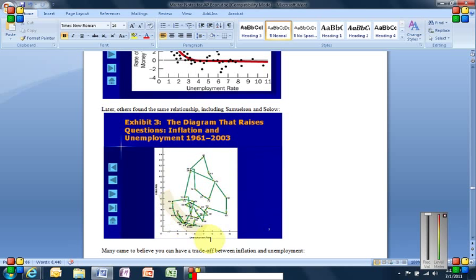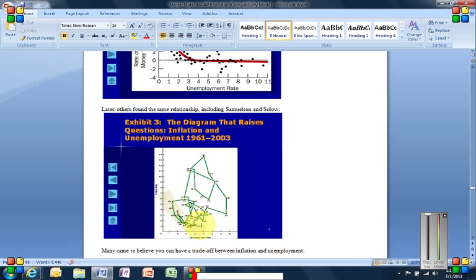You might want to take this visual and blow it up in your notes so you can see it more clearly. But particularly around the time of the 1960s, they found the same kind of relationship between the inflation rate and the unemployment rate. As the inflation rate got higher year by year, the unemployment rate came down, and if the unemployment rate was higher, then at least prices were lower.